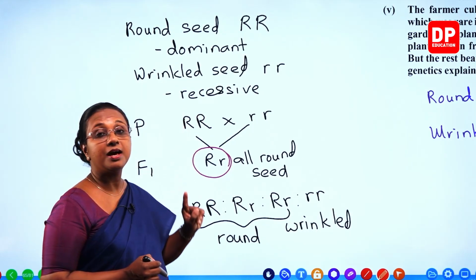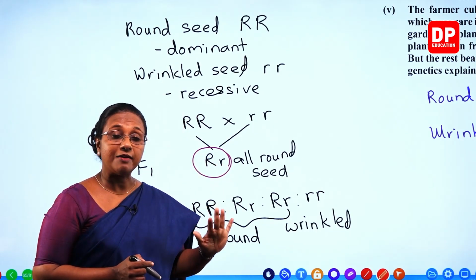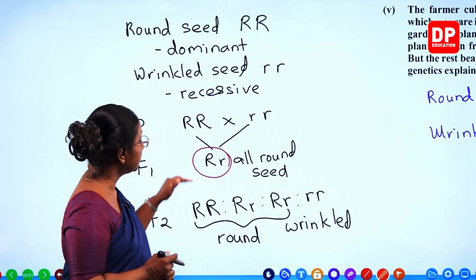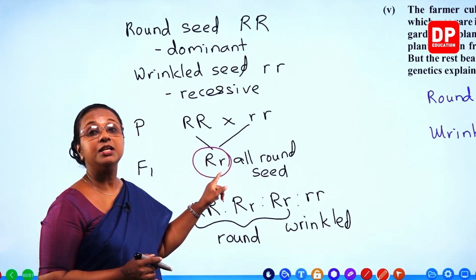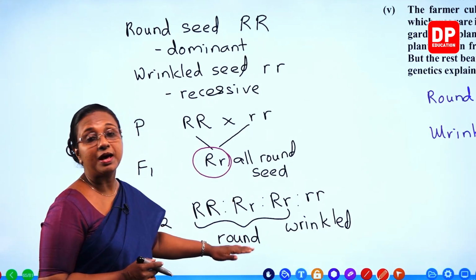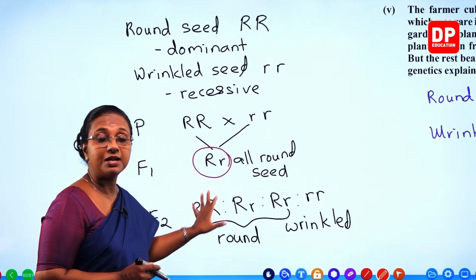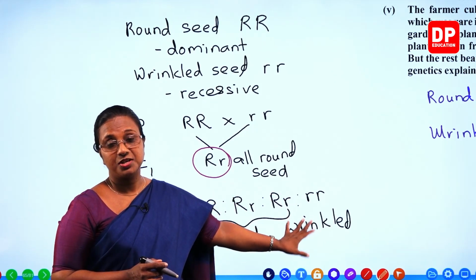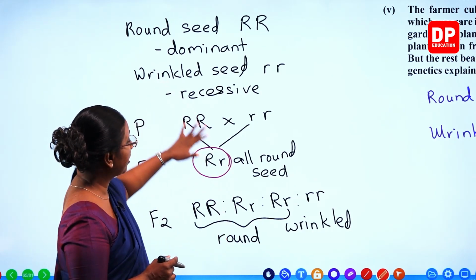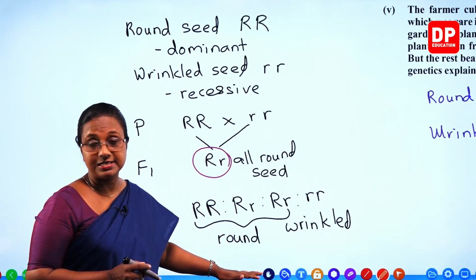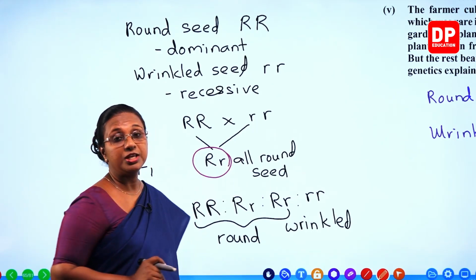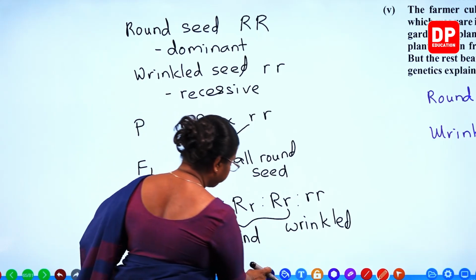If it was capital R capital R only, he would have got all round seeded plants. But because his plants were heterozygous, capital R, simple r, in the new plants form, there were round seeded plants and wrinkle seeded plants. That is the information you have to understand. You don't have to write all this. This is for your understanding. Is that clear, students? So, based on this only, you need to answer the question.